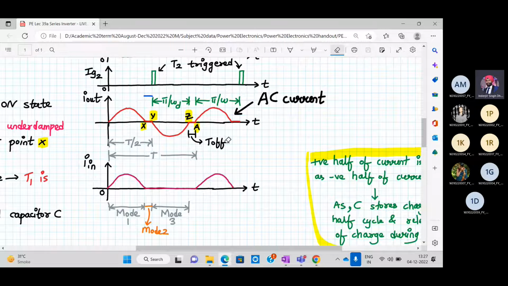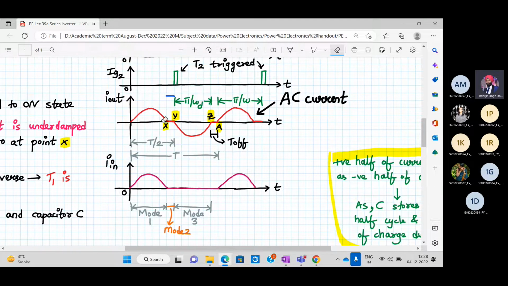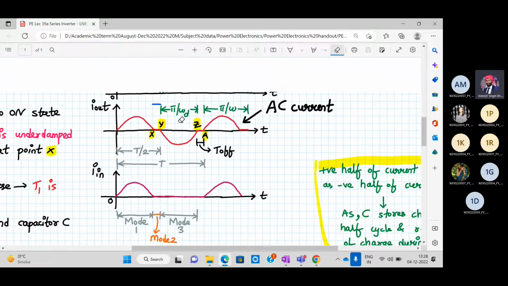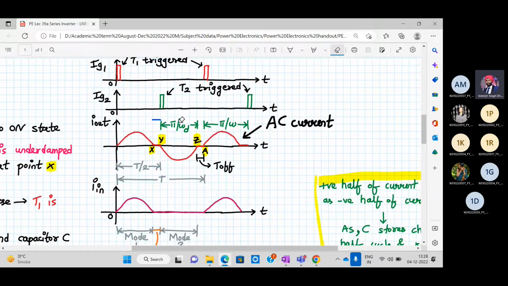Resistor means there is no phase difference between current and voltage, so the wave shape will be the same. It's not a pure sine wave. It's slightly distorted. You have this extended period over here wherein the current is 0, so similar distortion will be there in the V out waveform. So this is the working of your basic series inverter.